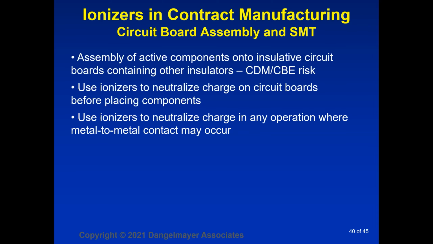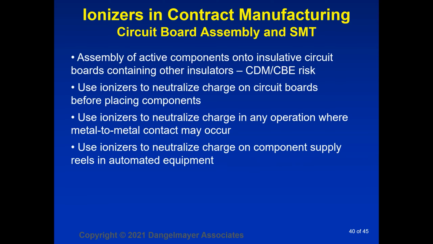Anytime you attach a connector to a circuit board, you have the possibility of ESD because you have metal-to-metal contact in the connector. So we use ionizers to neutralize the charge on the boards, on the connectors themselves, to make sure that we're not getting ESD when we have unavoidable metal-to-metal contact. We use ionizers to neutralize charge on the component supply reels in the automated equipment.